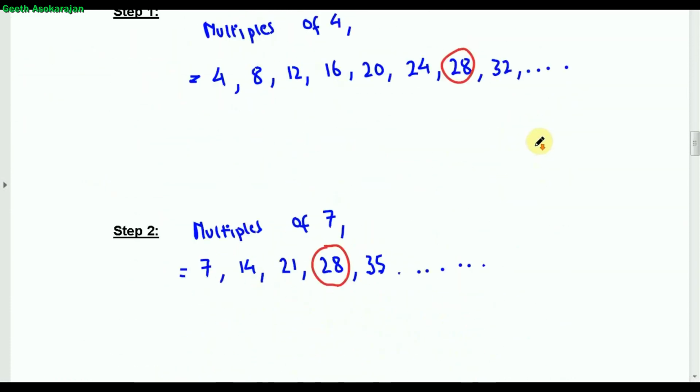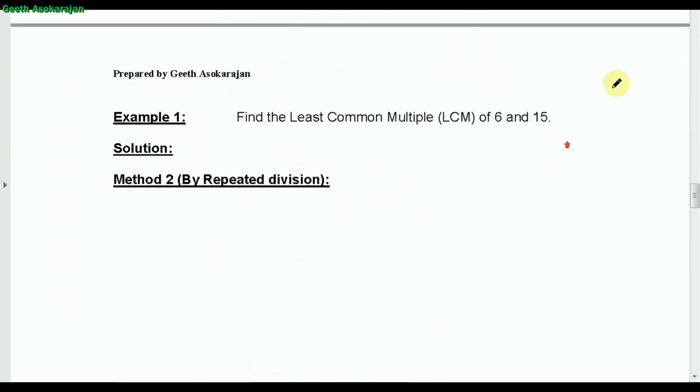Let me make a note of that over here. And let me show you that we're going to get 30 using this method number 2, the method of repeated division.